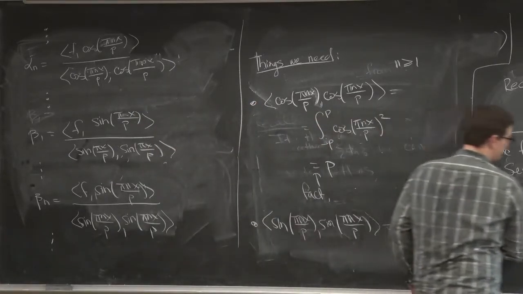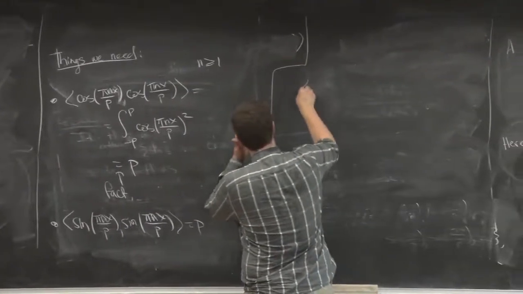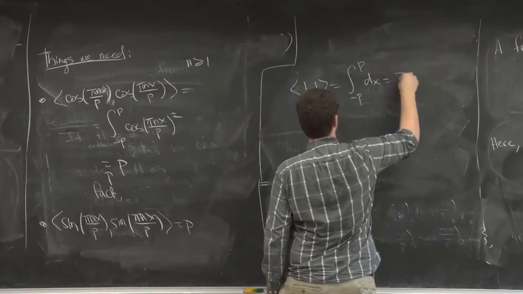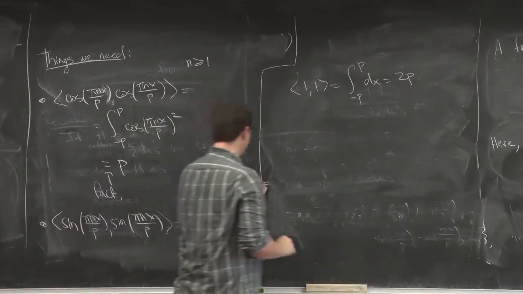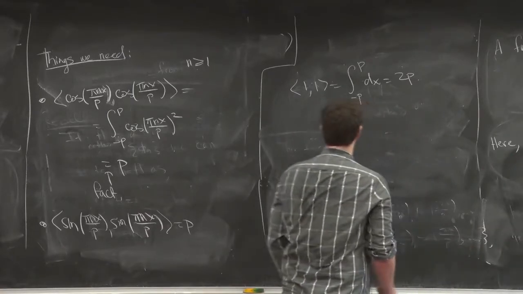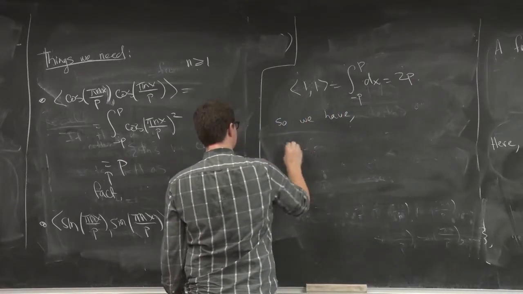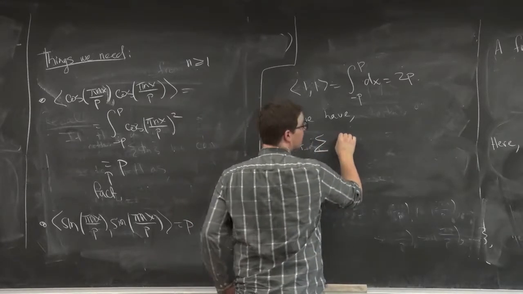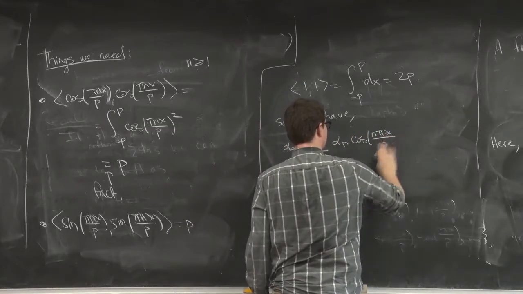The one thing that we need to worry about is the first coefficient, right? So it turns out that the integral from minus p to p of dx is 2p. So this tells us that now we can write out what this formula is using the expression here. Alpha 0 plus the sum of alpha n over p.